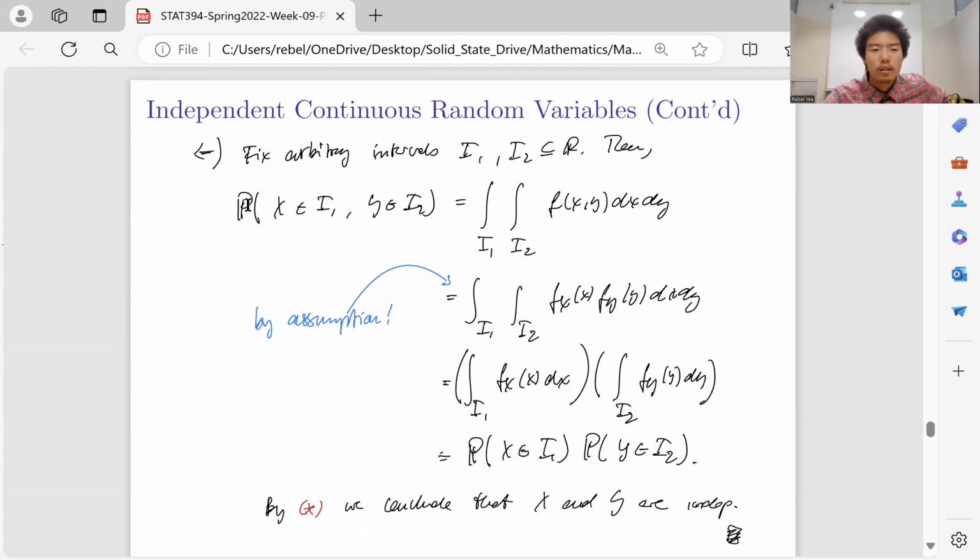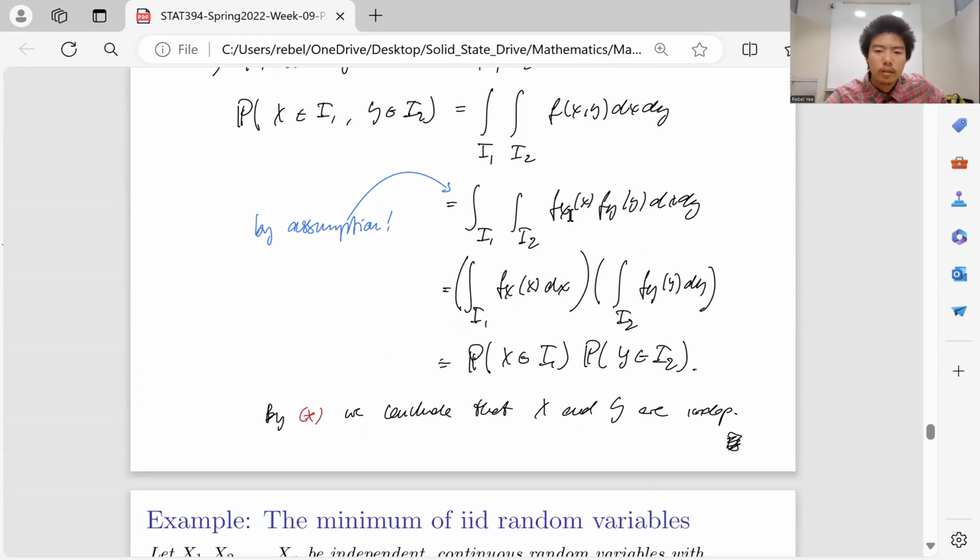And the probability of this happening is this one. It's from our knowledge too. And the assumption that the joint distribution is equal to their marginals' product, we'll use it here. And separate them out, going from I1 with X and I2 with Y. And this becomes the product.